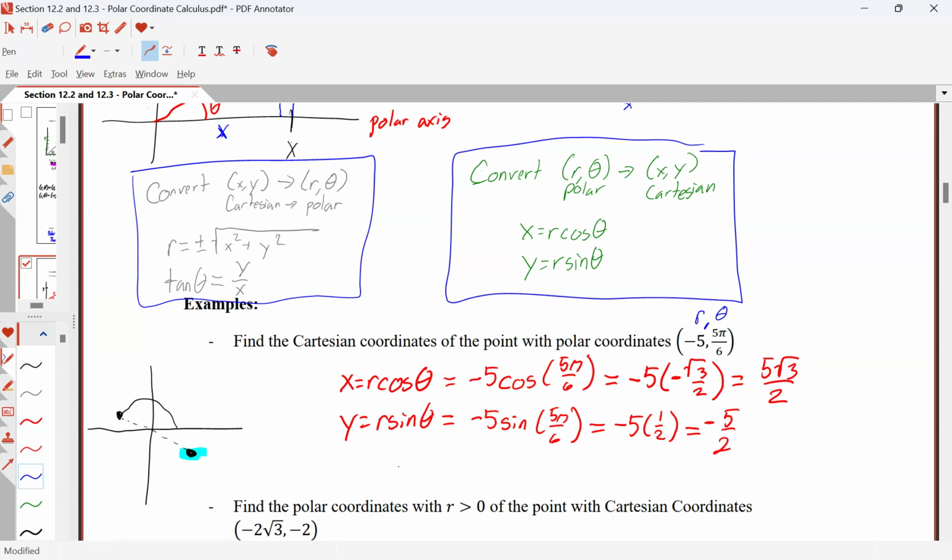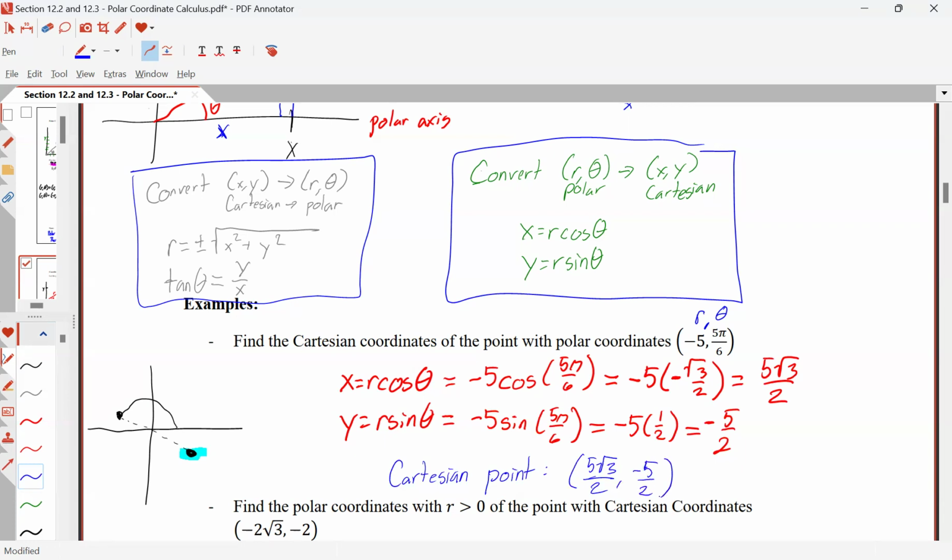Making our Cartesian point the point 5√3 over 2, comma, -5 over 2.